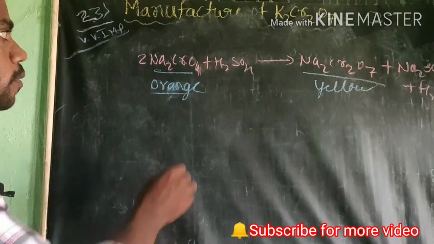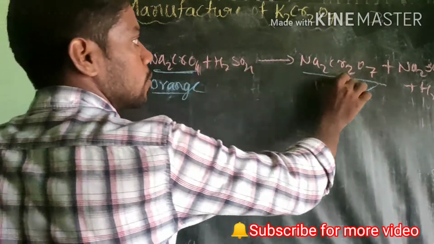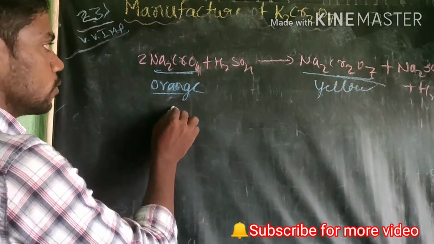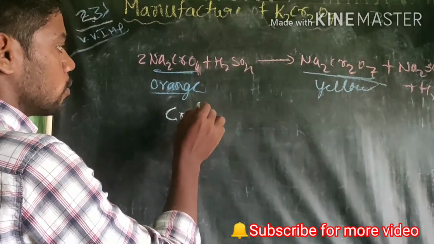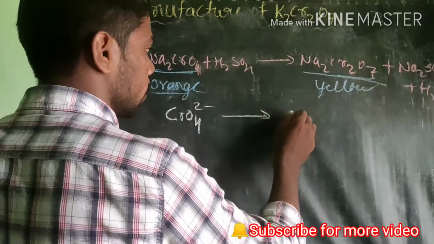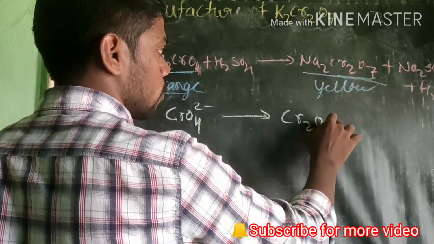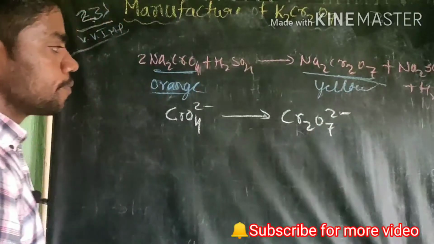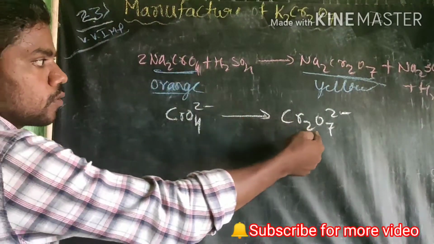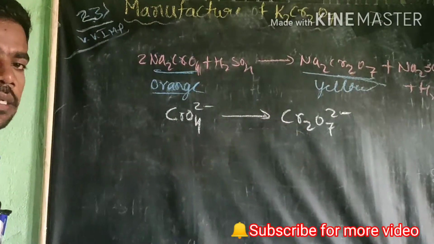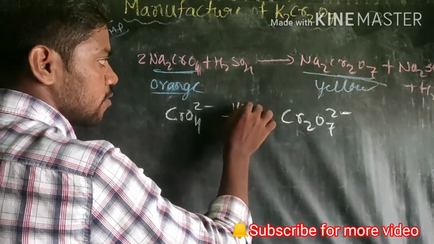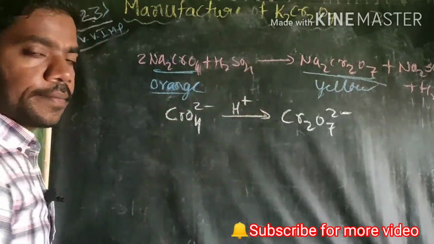Sodium chromate converted into sodium dichromate means, one more thing I will tell you: CrO4 2 minus is converted into Cr2O7 2 minus. This is the conversion of chromate to dichromate. This conversion depends upon acid, H plus, right?